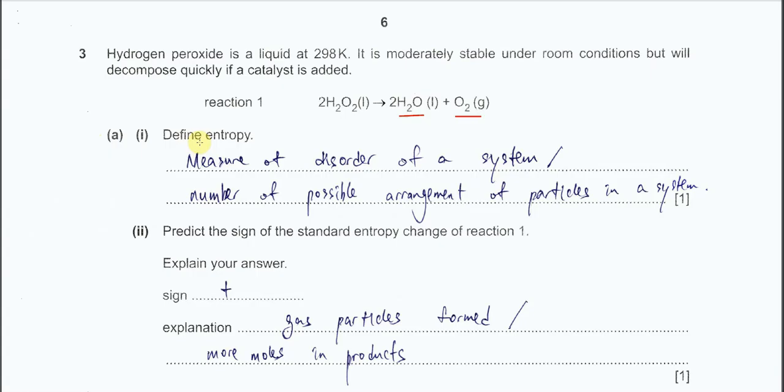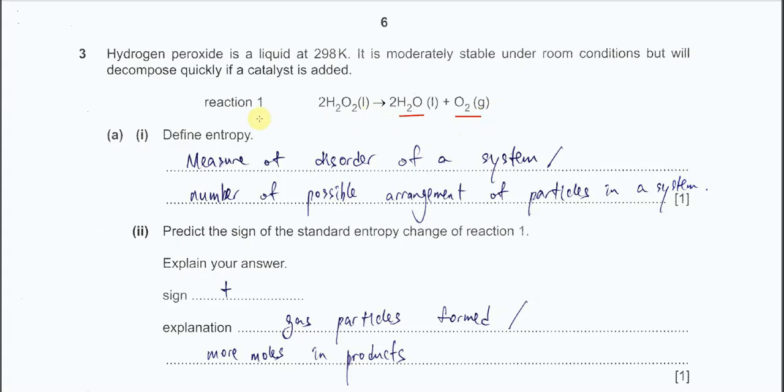Entropy is the measure of disorder of a system. It means when the system is more random or has more movement, the entropy is greater, especially when the reaction involves gases, the production of gas molecules.